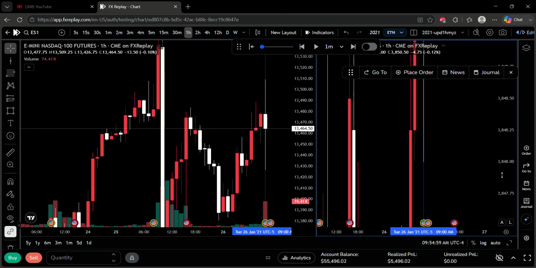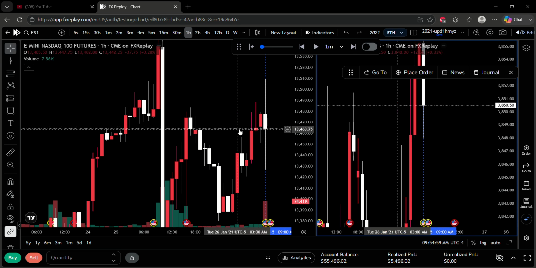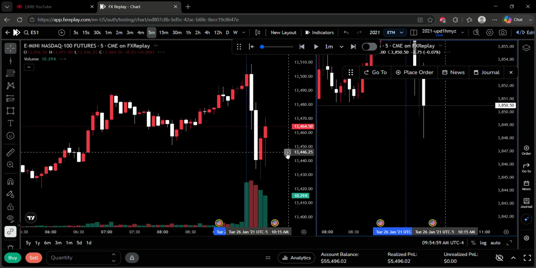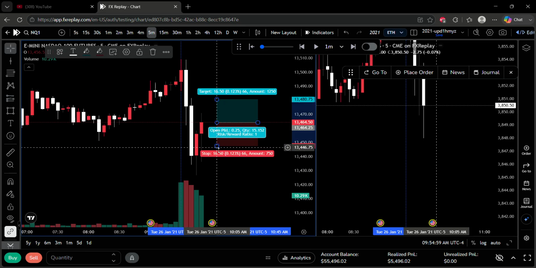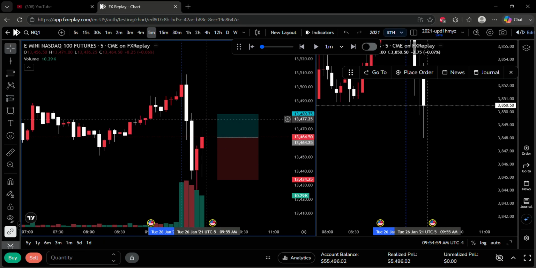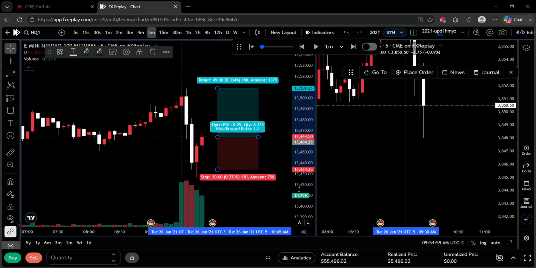ES made exact equal lows with a 1 hour. I feel like I heard someone say that counts as a resweep. I'm not gonna take this trade, but we'll see.